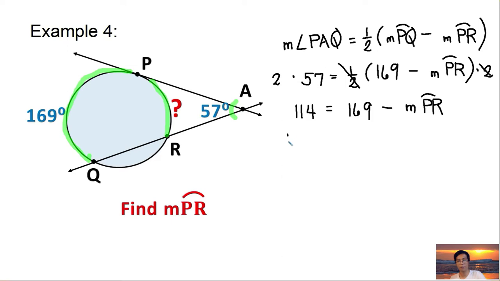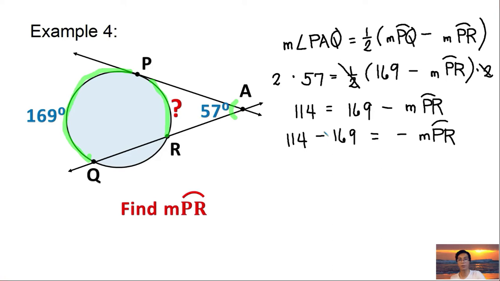Next, so 114 tsaka si 169, lipat natin si 169 sa left. So 114 minus 169 is equal to negative measure of arc PR. Ayan. So, dito, kahit may negative dyan, dapat yung pinaka-final answer mo, positive pa rin. Kasi, di ba, wala namang negative na sukat ng angle.